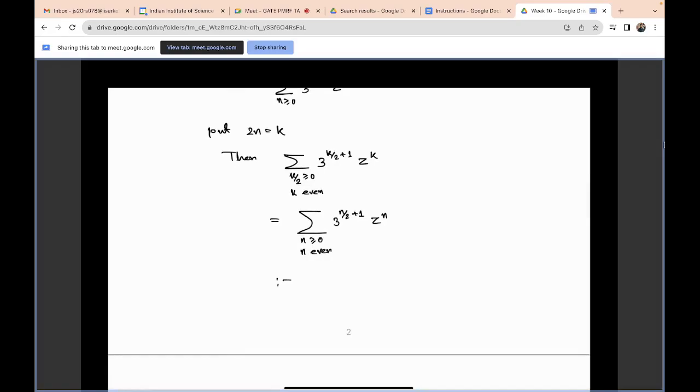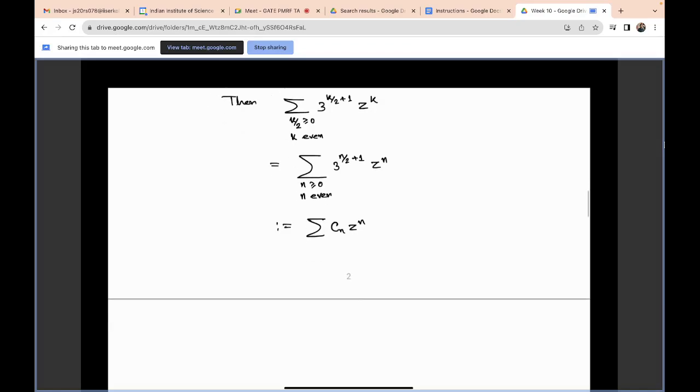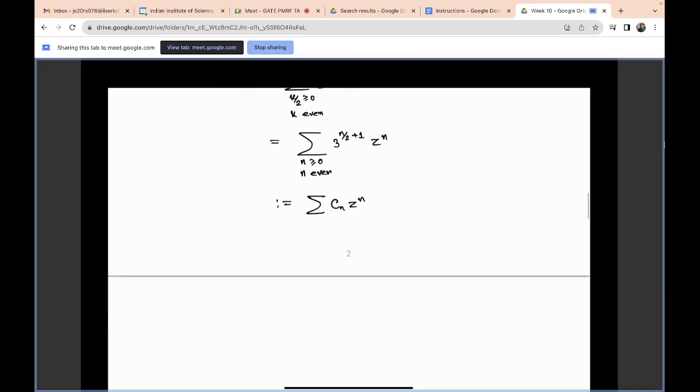So let us denote it by Cn z to the power n. Then what is Cn? Cn is 3 to the power n by 2 plus 1 when n is even, and 0 when n is odd.